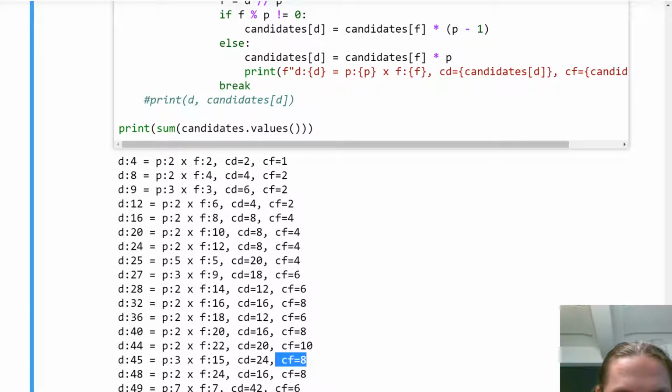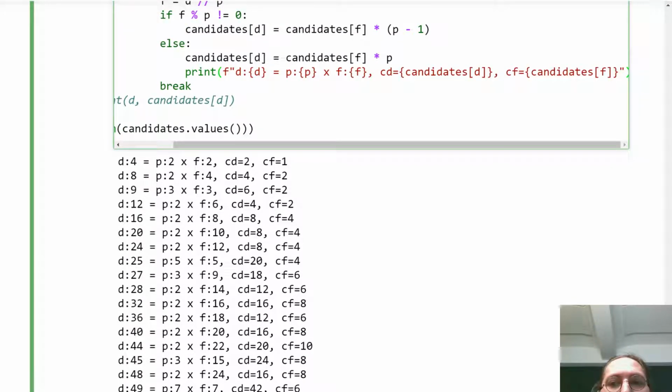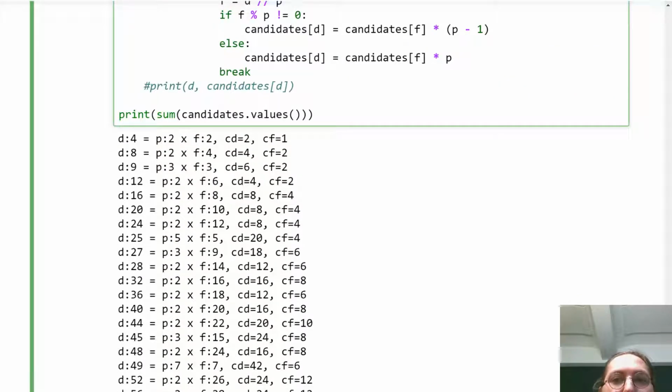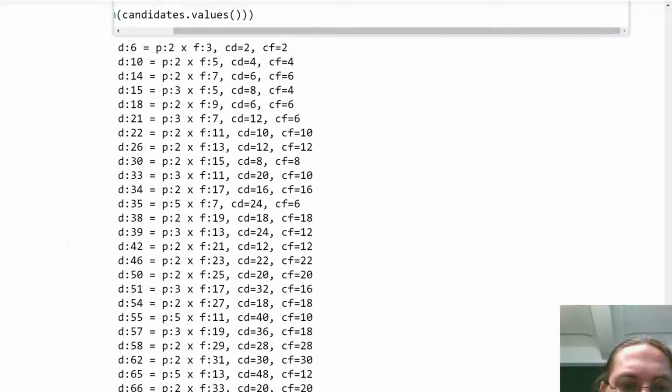The difficult case was the one where the prime occurs the first time in the number. It's just the number minus 1. That took me longer to find the idea of it. The first time it's in it, say 55 has 5 times 11. 11 had 10 candidates because it's prime.